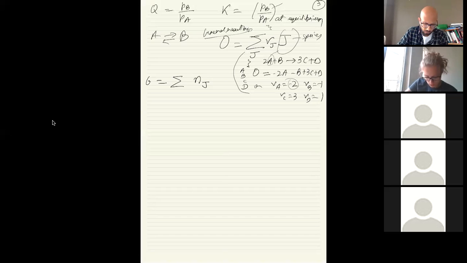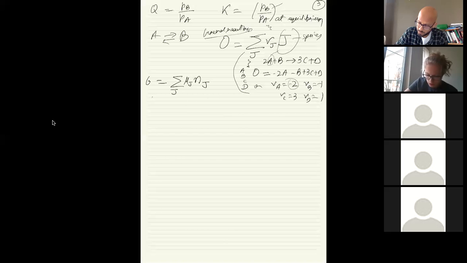So in this case, we can write down the G as the sum of mu J Nj, where J goes over all the species that are participating in the reaction. And you have to be careful with species or components.